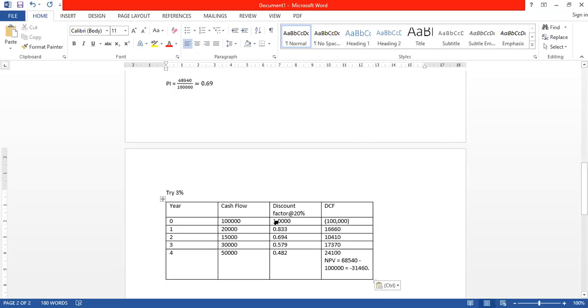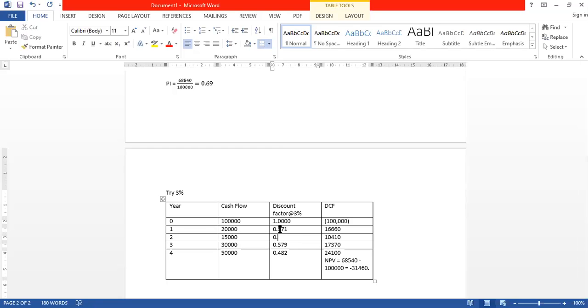In the light of that, this will remain 100,000. So our discount factor will now be the discount factor at 3%. For the first year, that's 0.971. Then 1.03 raised to power minus 2 is 0.943. 1.03 raised to power minus 3 gives us 0.915.